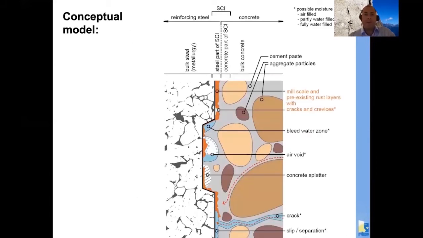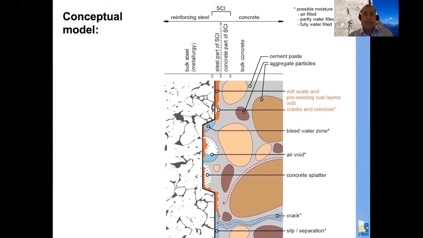We conceptually proposed a model where the steel-concrete interface can be understood as consisting of a part that is more related to the steel, the steel part of the steel-concrete interface here on the left, and the concrete part of the steel-concrete interface. We are fully aware that one cannot separate things here very clearly, and that some features are intermixed at the steel-concrete interface, but to categorize the different features more easily, we suggested to divide it as follows.